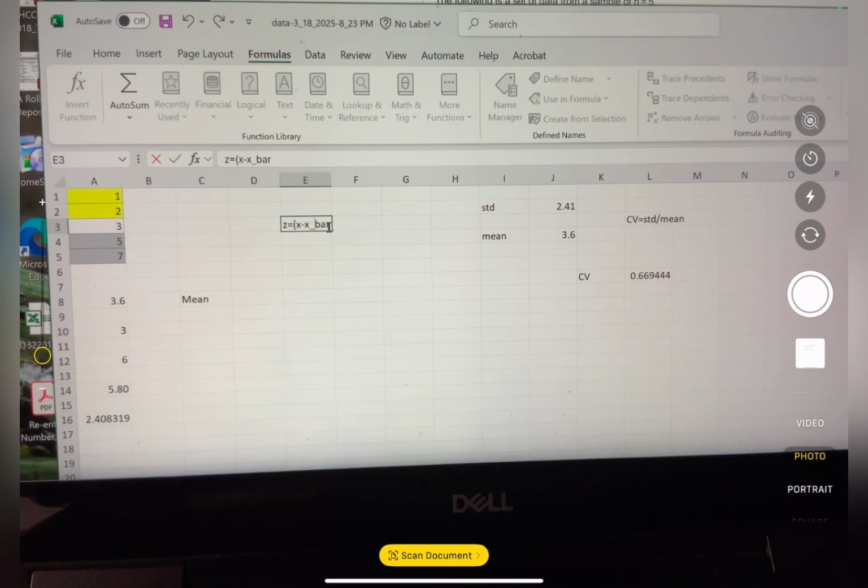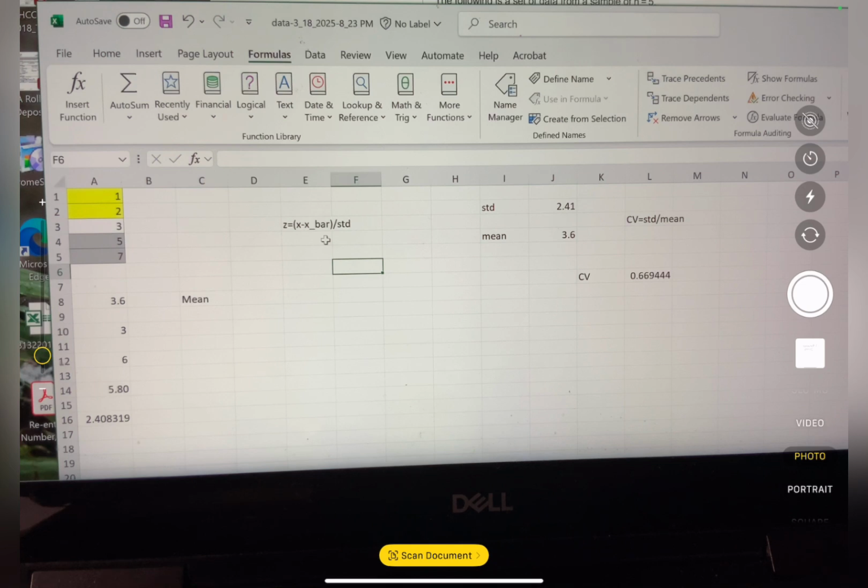Okay, x is a value of our x. Here it is, all of 1 2 3 4 5 7. X bar is the average, which we have as 3.6 here. Okay, x bar, that's the mean. Okay, and divided by standard deviation. Let me put STD. Okay, this is the formula we are going to use.